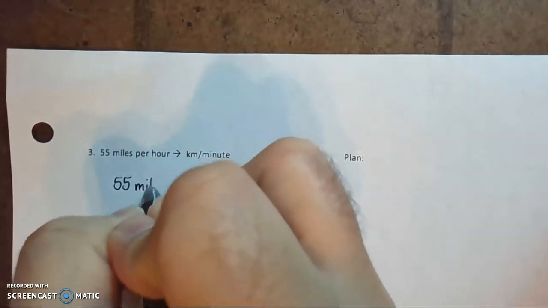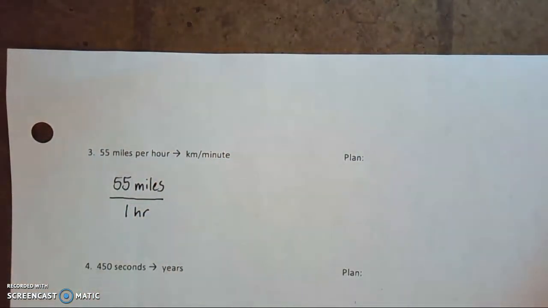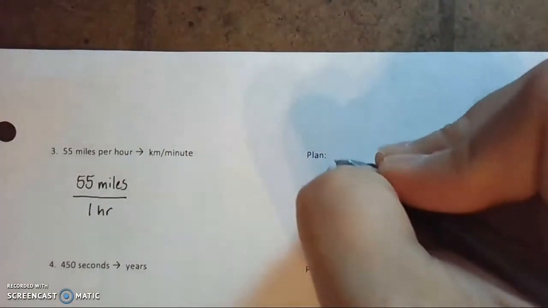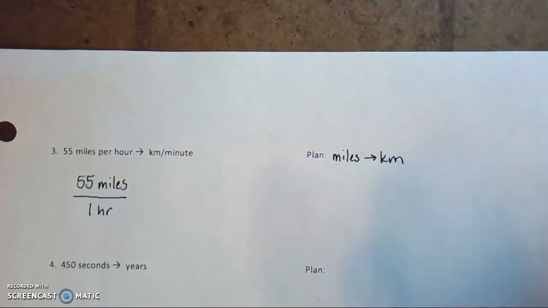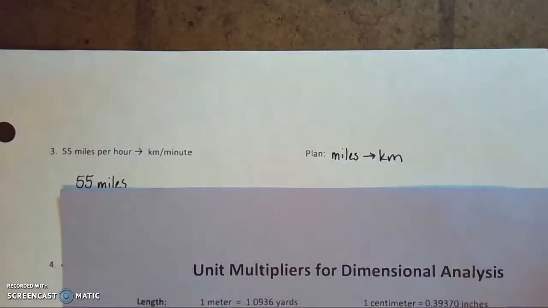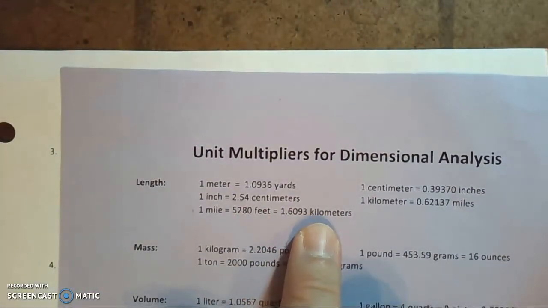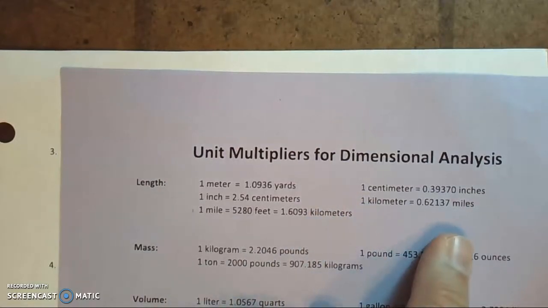55 miles over 1 hour. That means that we're traveling 55 miles in 1 hour. So we have to change miles to kilometers. That's going to be our first thing, miles to kilometers. We already know that we have a conversion because that was in the first problem. 1 mile is equal to 1.6093 kilometers, or 1 kilometer is 0.62137 miles.